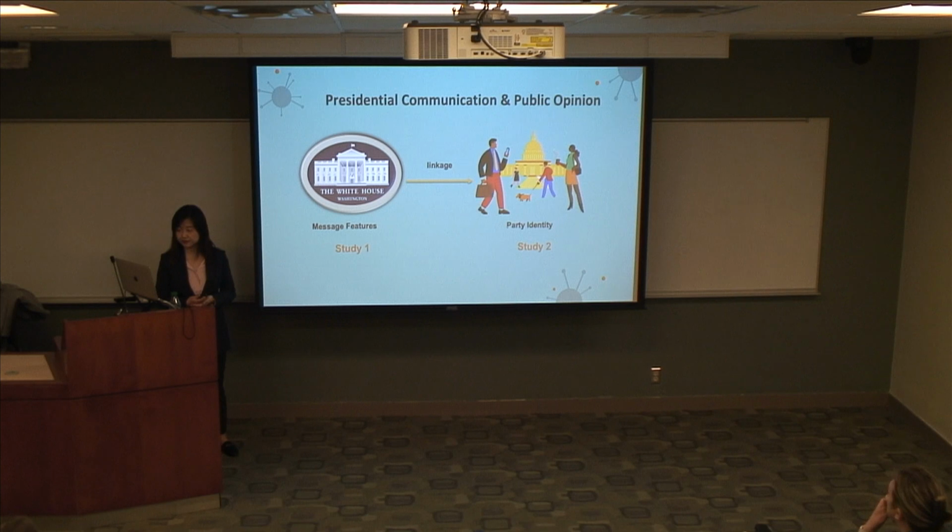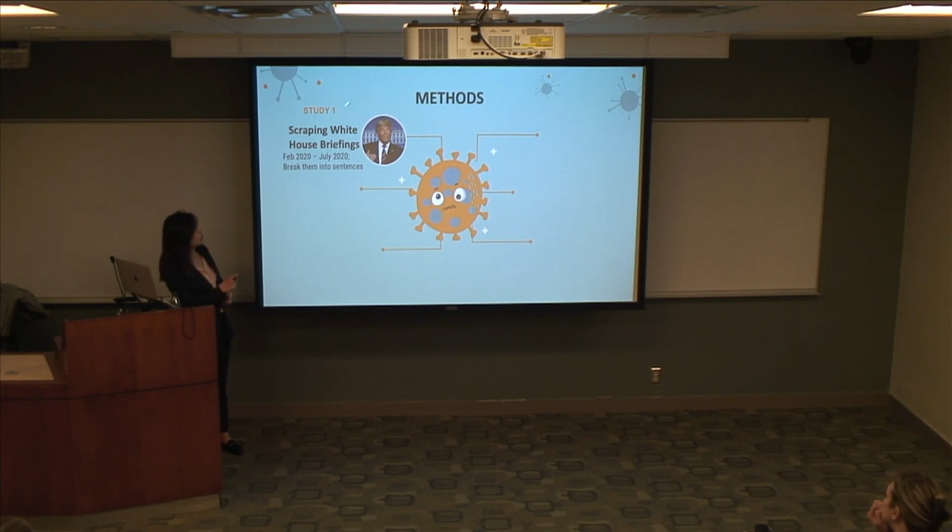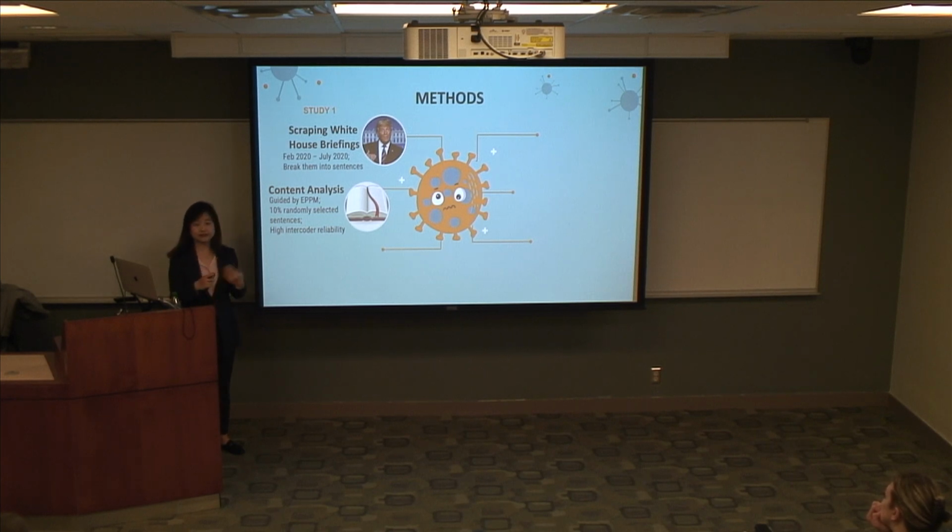So for the first study, which is about the message features, we first scraped White House briefings from their official website from February 2020 to July 2020. And then we broke these White House briefings into sentences for the second step of this study. In the second step, we take the sentences from the first step and develop the codebook guided by the EPPM.